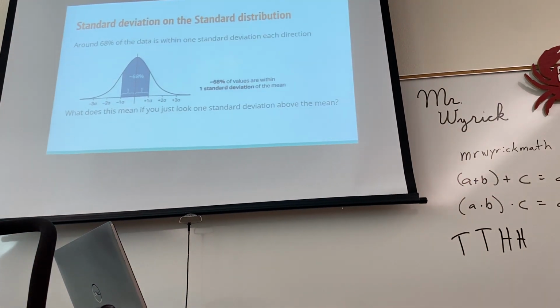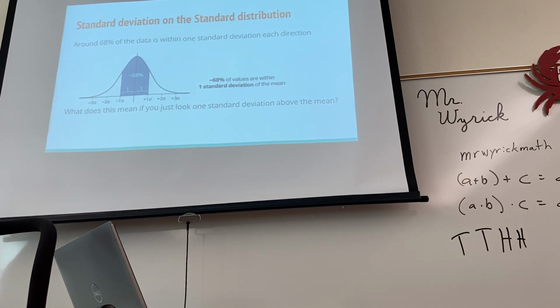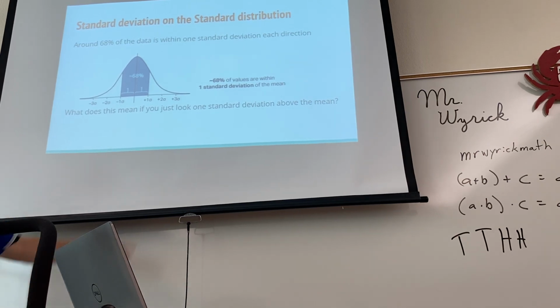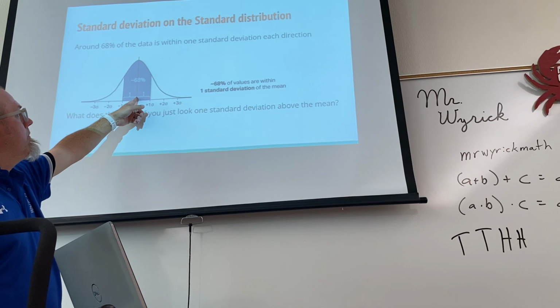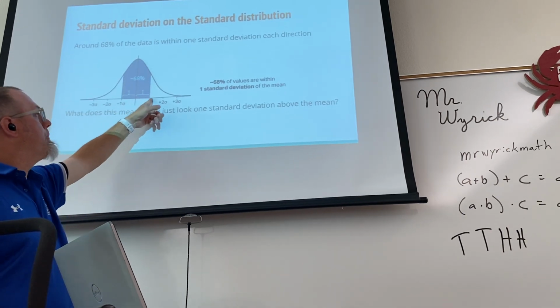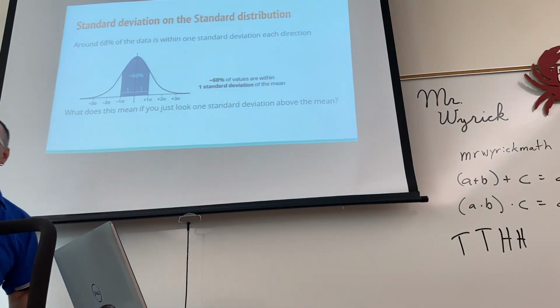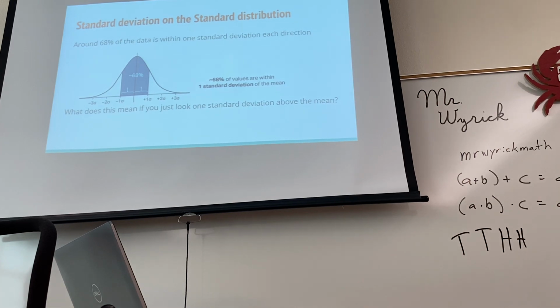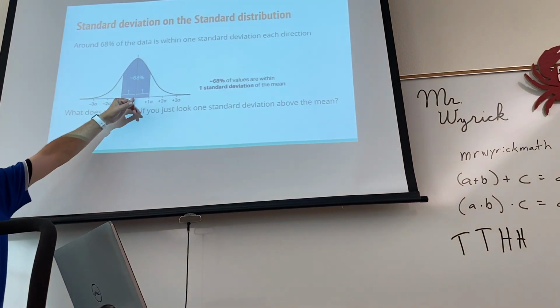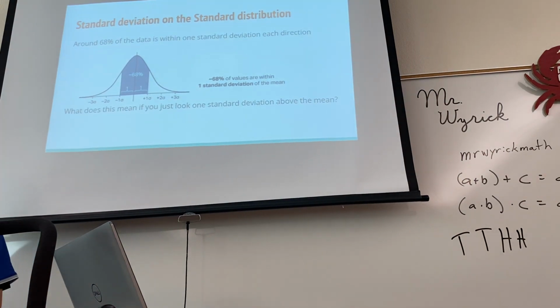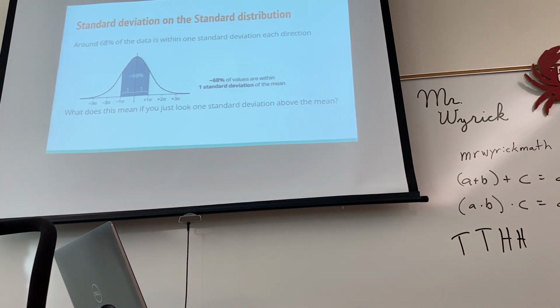Now, if this is 68, let's do some math today. That means that everything from the mean up one standard deviation is what percent? 34. And everything from the mean down one standard deviation is the other 34, right?